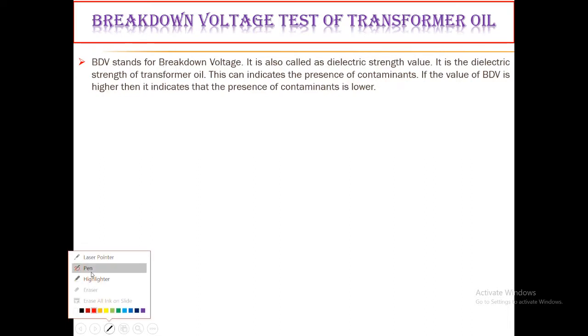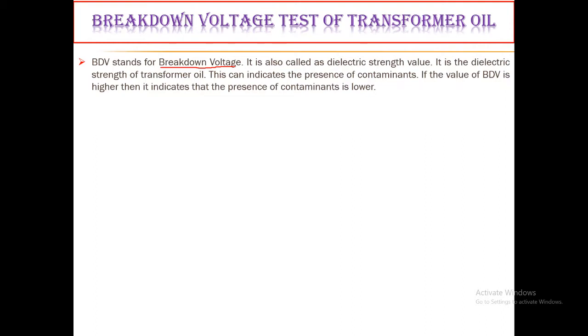So how can we define this breakdown voltage? We all know that the breakdown of a liquid dielectric or any given insulation takes place at maximum voltage. So the breakdown voltage can be defined as the maximum voltage at which one can observe the formation of a spark.